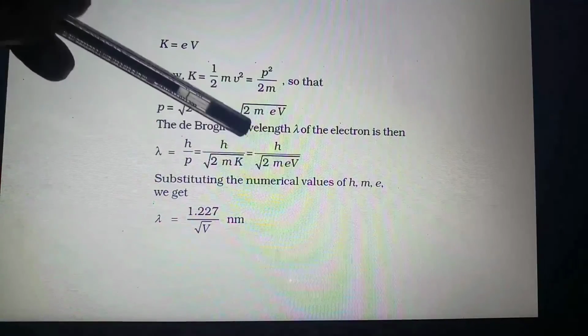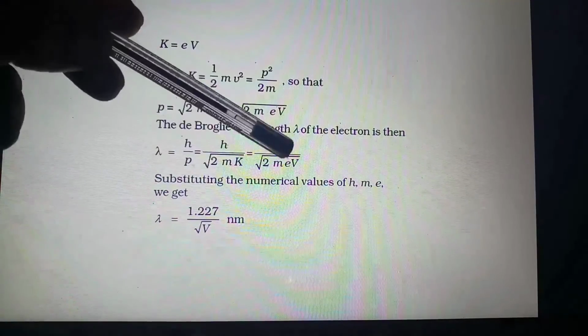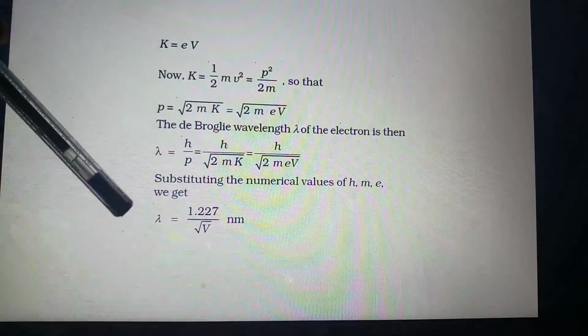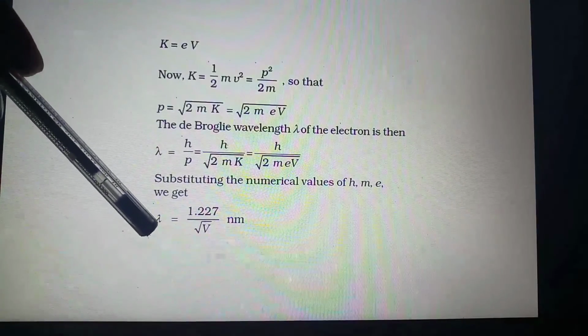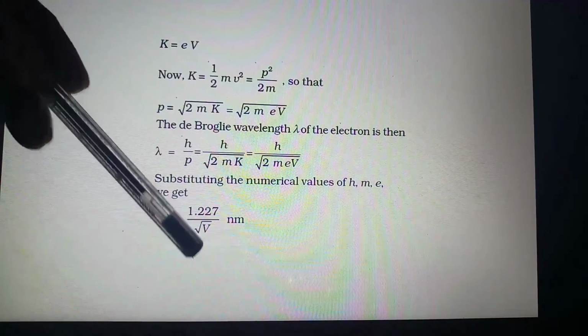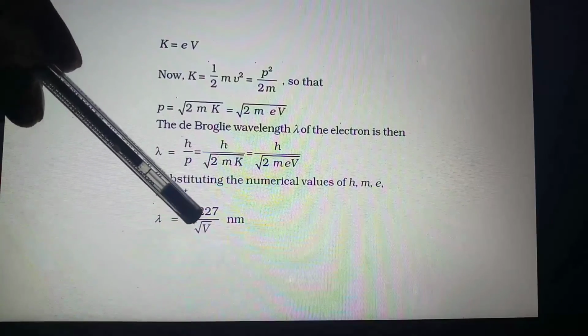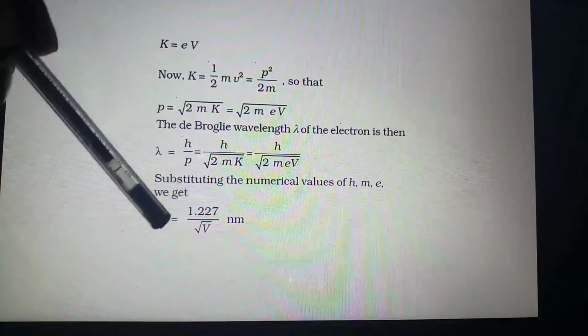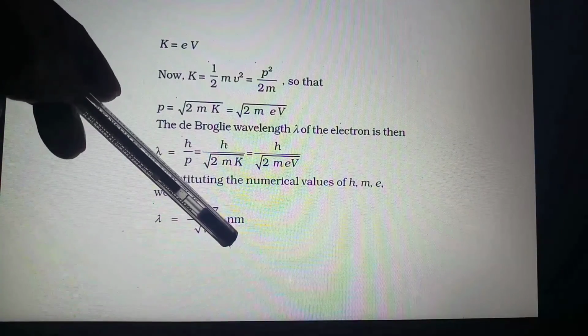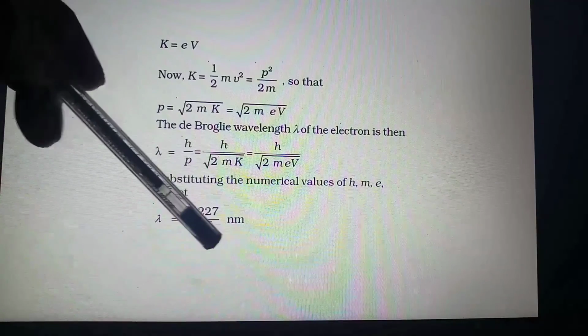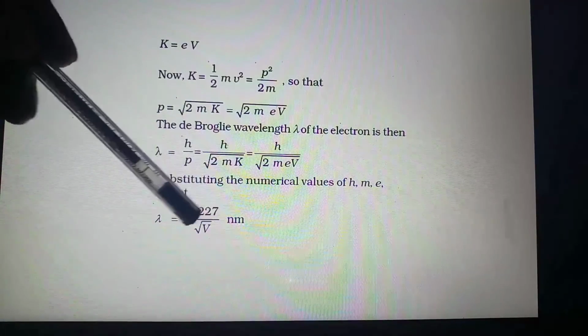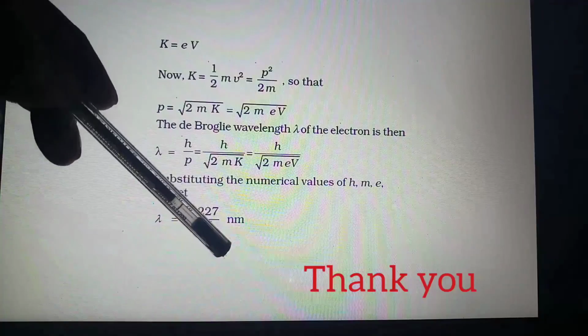All these values are constant other than V. So if you put in all these values, the wavelength of an electron accelerated by a potential of V becomes lambda is equal to 1.227 divided by root V nanometer. It's very important when you are doing calculations, you should remember it is 1.227 by root V nanometer.